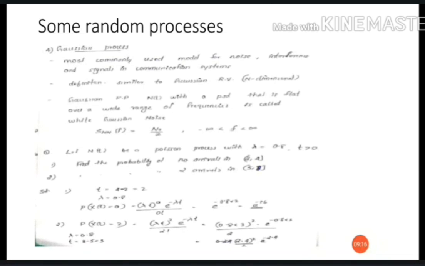A Gaussian random process like n(t) with a probability distribution that is flat over a wide range of frequencies is called white Gaussian noise, denoted by S_n(f) equal to N0 by 2 for minus infinity less than f less than infinity. That's about the Gaussian process.